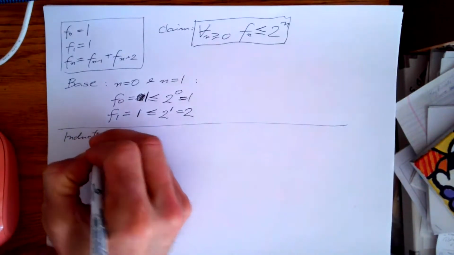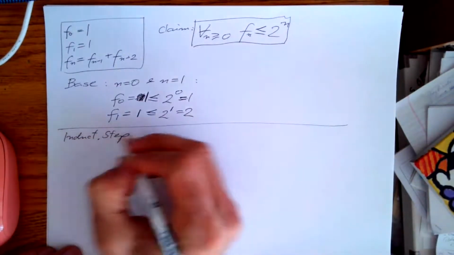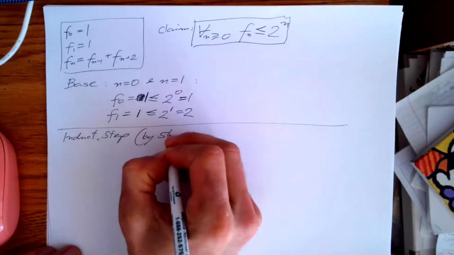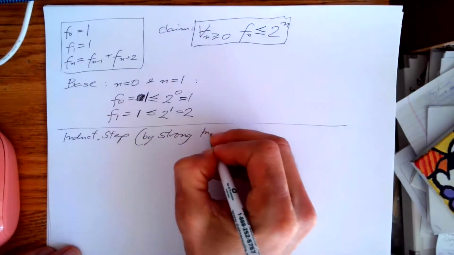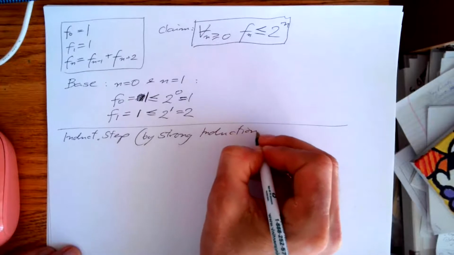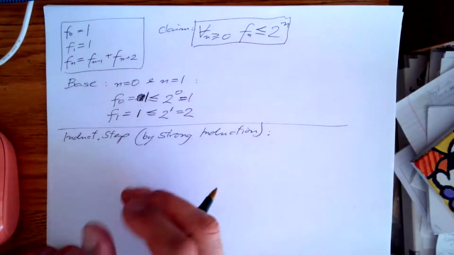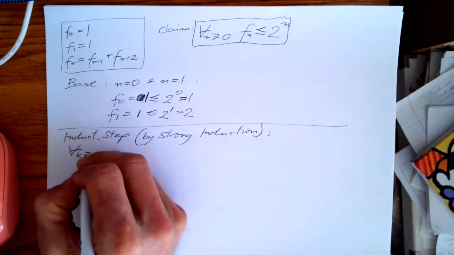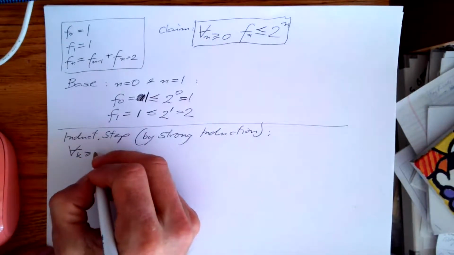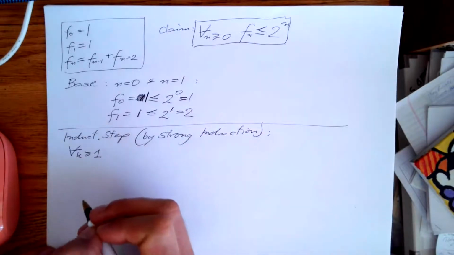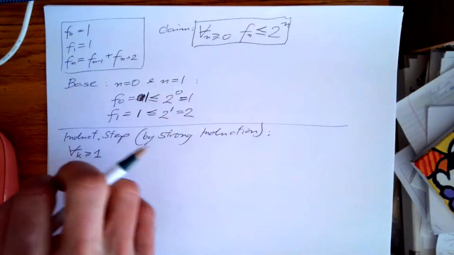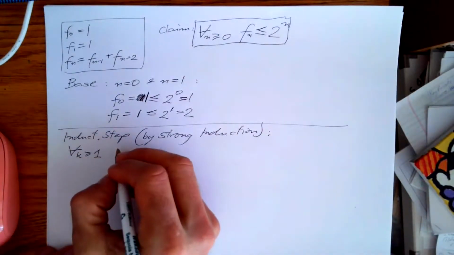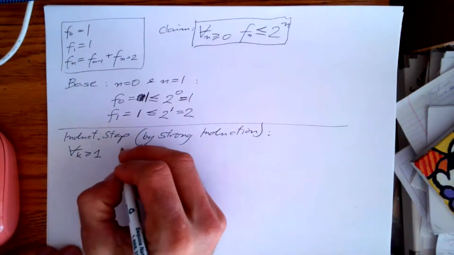So the inductive step, but this is by strong induction. What is the form of the statement we need to prove? That for every k starting from 1, but again, the choice of index is arbitrary, that's how I'm going to do it.